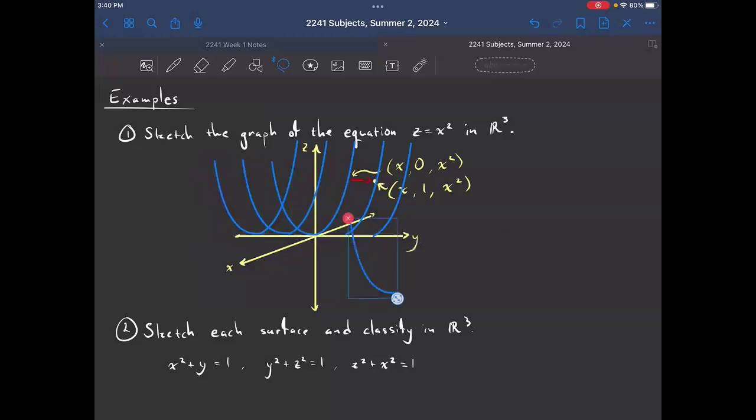Put some more in here, sort of finish this thing off, and then we can draw in the rest of our grid lines here. All right, so this method that I'm using right now is using traces or sections of the graph. So I've chosen to draw my sections parallel to the xz plane.